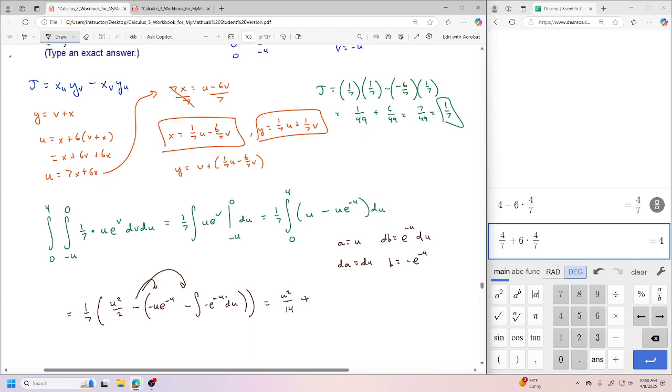So it's a positive u e to the negative u minus, and then what's my integral of this guy? Another negative? So now that negative becomes a positive, also e to the negative u. Have I given you too many minus signs? I didn't see that minus. Yeah, we're good.